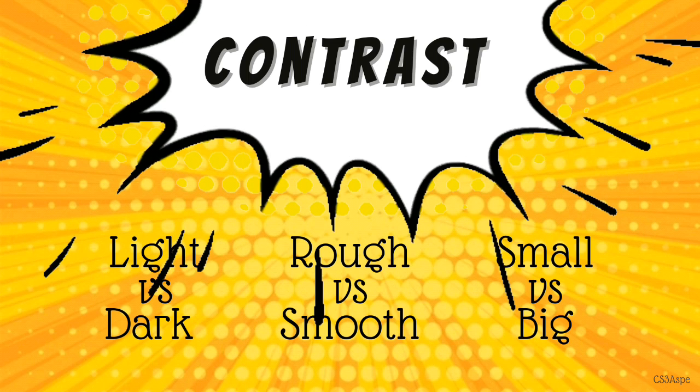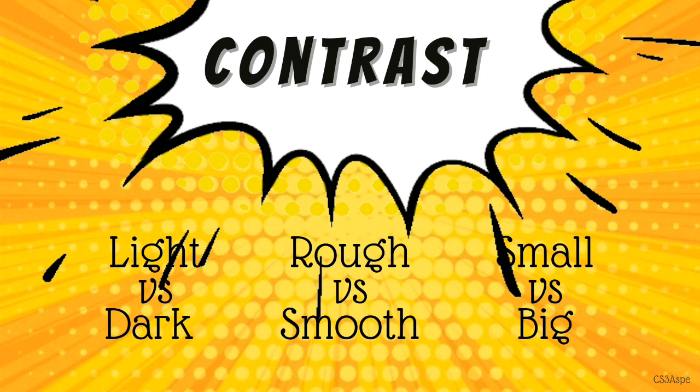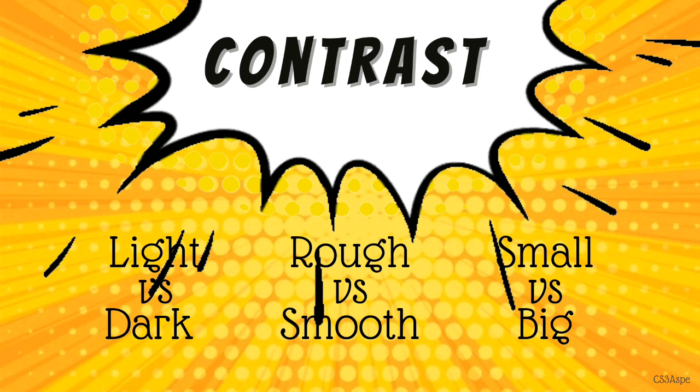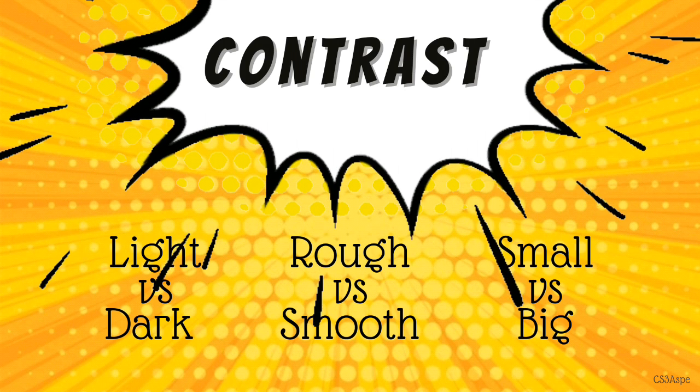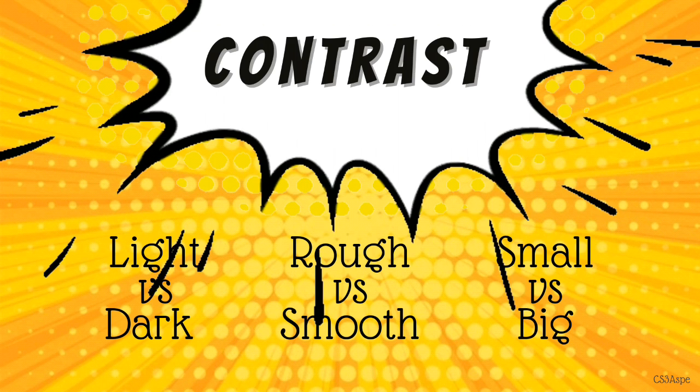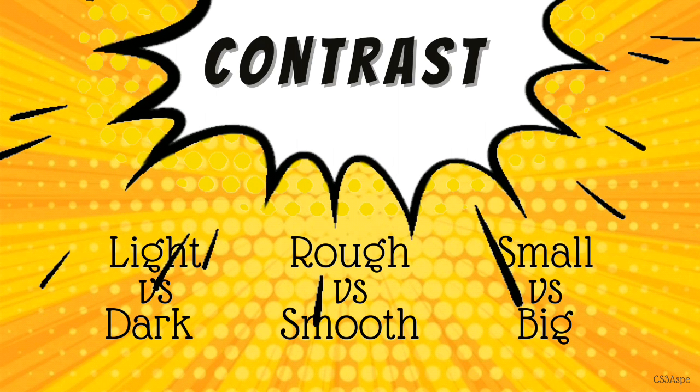Examples of contrast are a dark shade in light values, rough versus smooth textures, and small versus big objects, in order to highlight their differences.